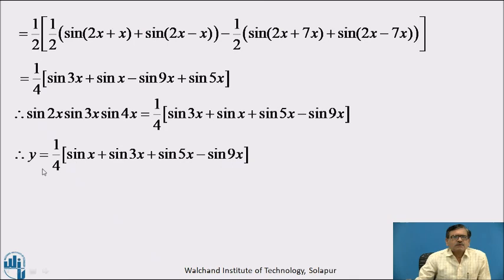Therefore y equal to sin 2x into sin 3x into sin 4x, so we are putting here the equivalent expression. Therefore y equal to 1 by 4 as it is, first of all writing sin x, then plus sin 3x plus sin 5x minus sin 9x. Now we have expressed the given function in the form of sin ax.